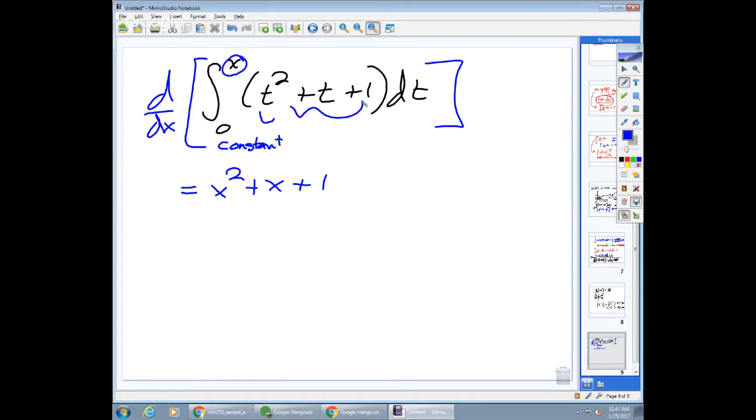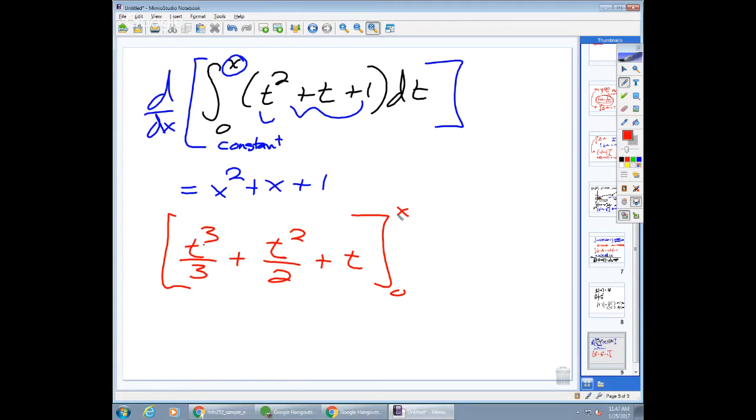See what happens. Okay, so let's double check that quick. The antiderivative for this would be what? t cubed over 3, right? Plus t squared over 2 plus t. Now I don't have to do a plus c because I'm evaluating boundaries.